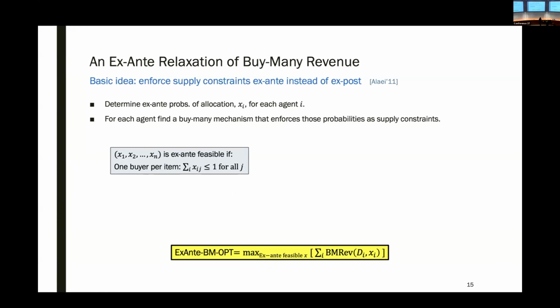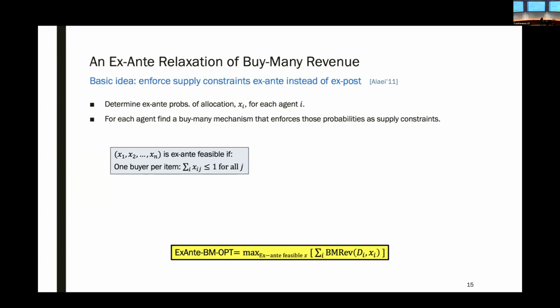And of course, they should satisfy the property that each item is sold at most once, in aggregate. Since this is a constraint in expectation over the instantiations of the value functions, it's an ex ante constraint. I'm not enforcing it ex post, I'm only enforcing it ex ante.